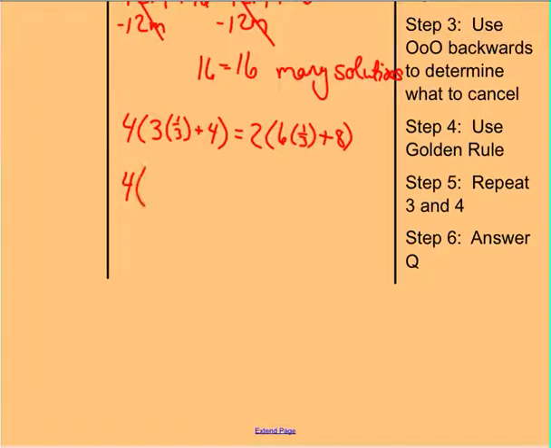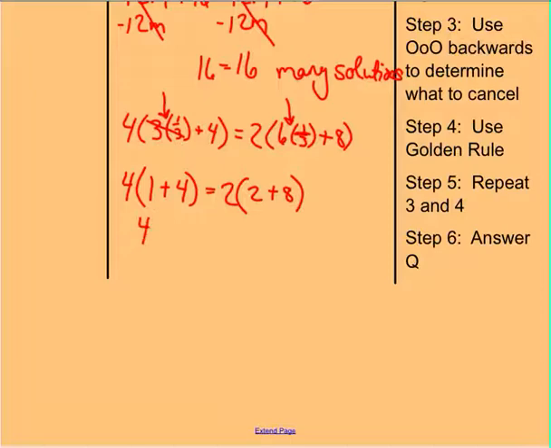But order of operations, we're going to work inside the parentheses first. So right here, I have multiplication. 3 times 1/3 means my 3's cancel, leaving me with 1. Same thing over here. Inside the parentheses, I am going to multiply. 6 times 1/3, or 6 divided by 3, remember that's what that bar means, is 2.